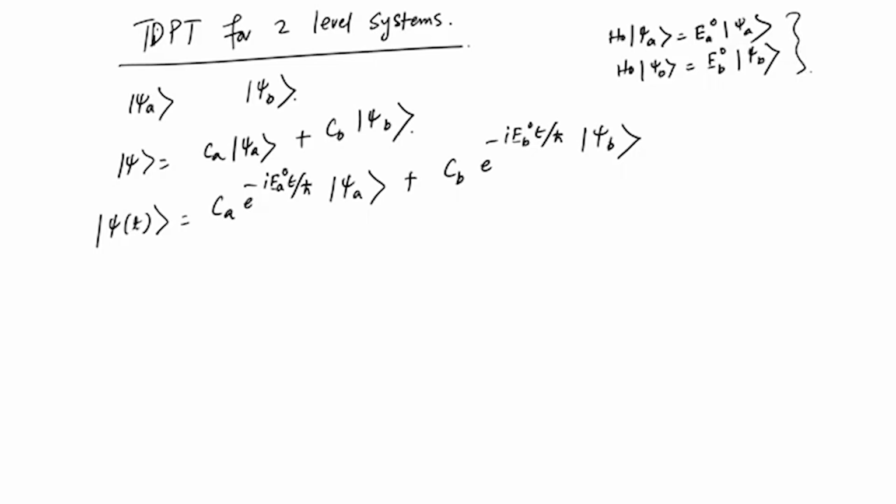And these well defined energies help us to build up the wave function at subsequent times, and we need to find C A of t and C B of t.